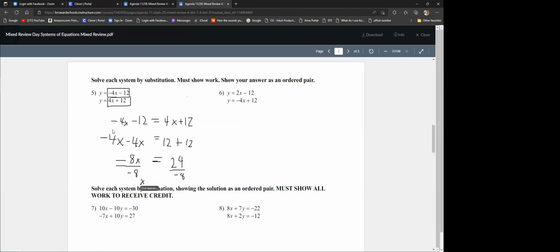So what does x equal here? 24 divided by negative 8. It's a negative, isn't it? Negative 3, yep. So what do we do with the negative 3? Isn't that the answer?